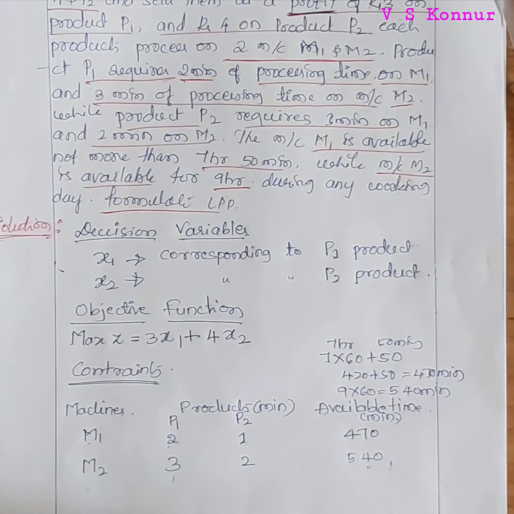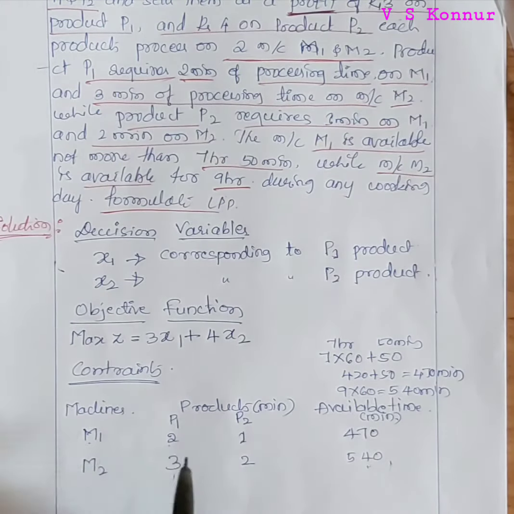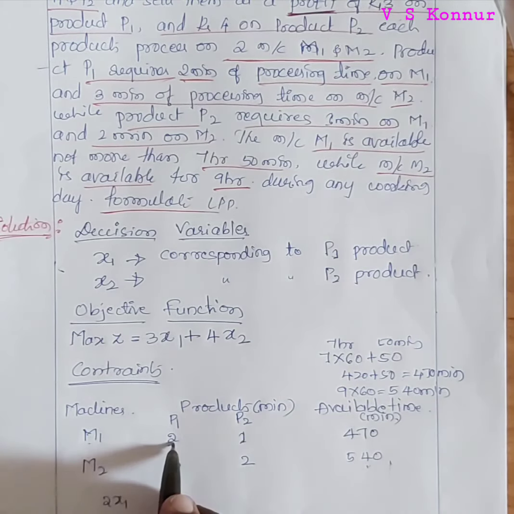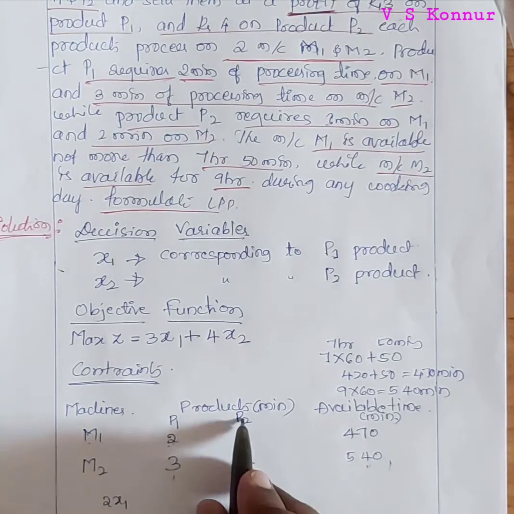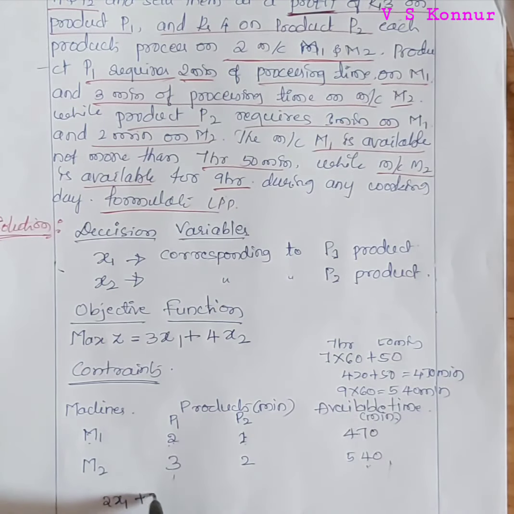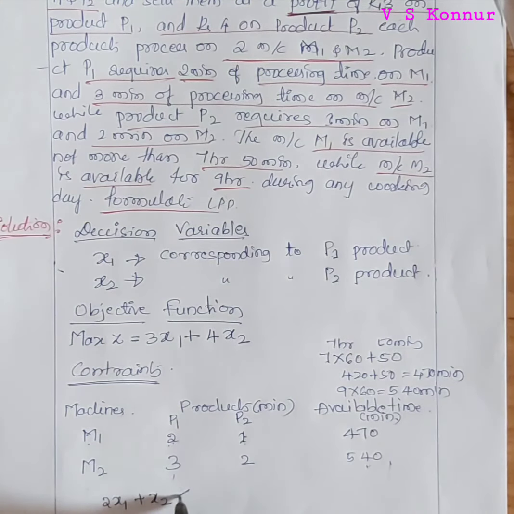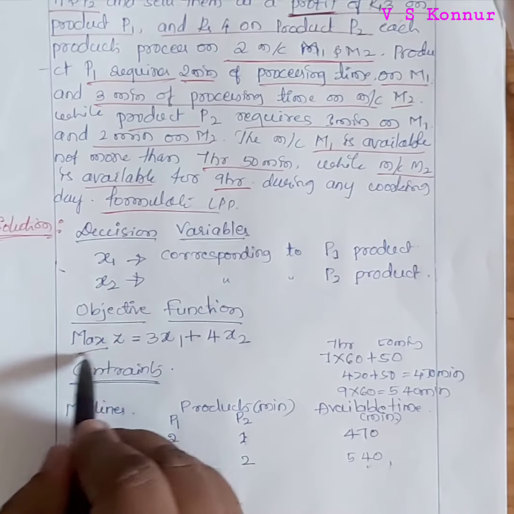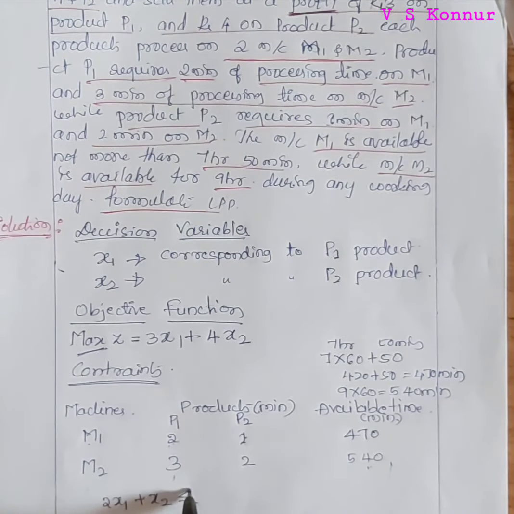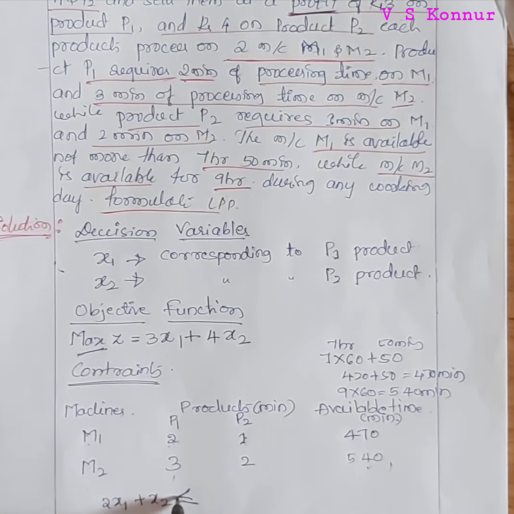Right. Next, constraint. We have to define the constraint particularly for M1 and M2. 2 P1, that is nothing but 2X1, plus P2, that is X2. Only one is there. P2 is nothing but X2 I have defined. And whenever maximization of Z is there, for that I have to define less than or equal to sign.